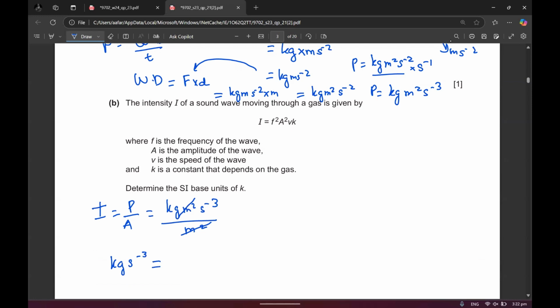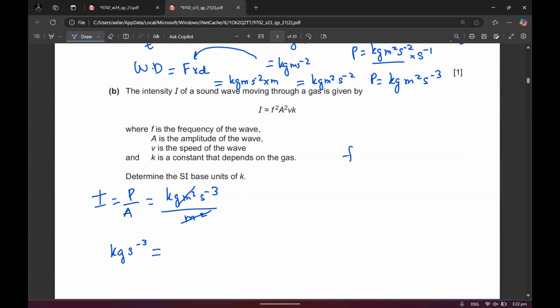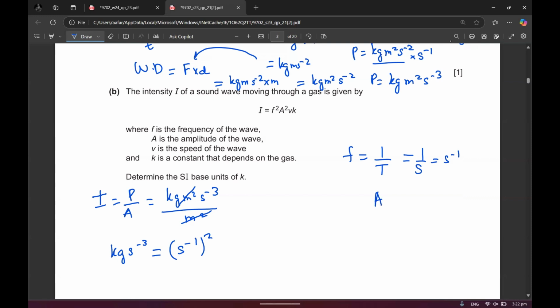That's intensity. Frequency is basically 1 over time, the period of a wave. This is the number of waves per unit time. So it's basically 1 over second, or second to the power negative 1. So s to the minus 1 squared, and amplitude is basically the distance of the wave, right?